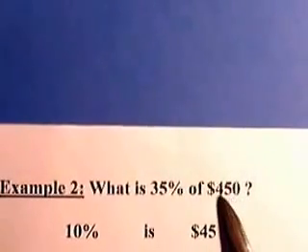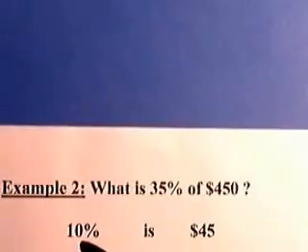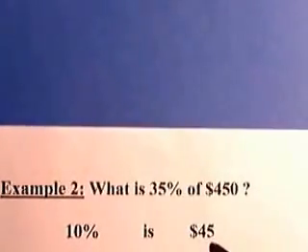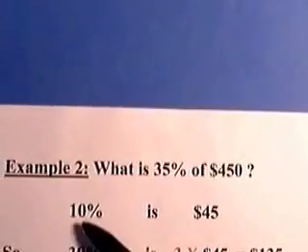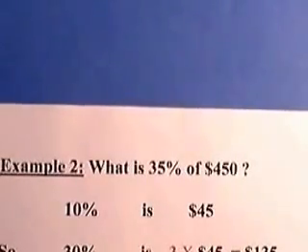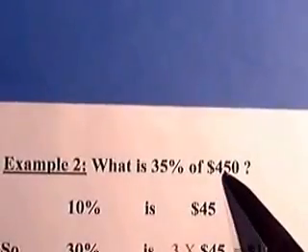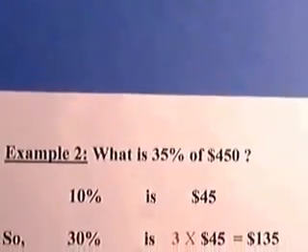I just knock off a 0. That gives me a tenth, $45. If I know that 10% is 45, then 30%, which is 3 times bigger than 10%, must be 3 times 45. So 30% of $450 is $135.